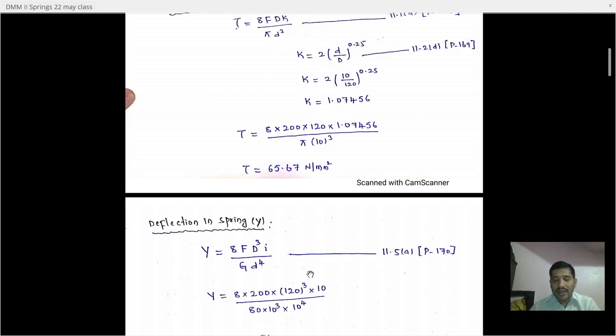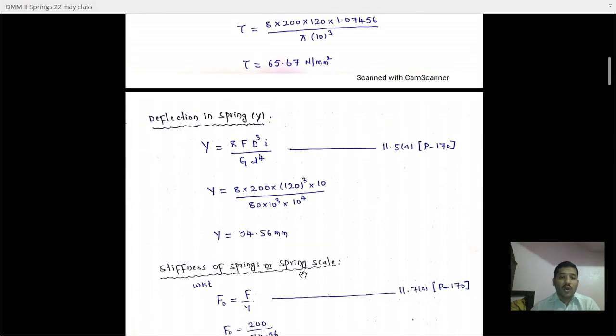After getting the maximum allowable shear stress value, we need to find the deflection in the spring. To find the deflection, we use the formula y equal to 8 F D cube n by G d to the power of 4, where F is the tensile force acting on the spring, D is the mean diameter of the spring, n is the number of turns, G is the modulus of rigidity, and d is the diameter of the coil.